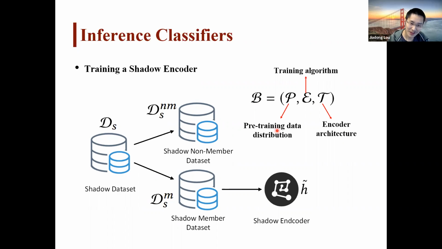When I read this part of the paper, I was quite looking forward to whether they would have some unique designs, since with this combination there are 8 combinations in these three dimensions, whether they would design 8 kinds of algorithms to train the shadow encoders. But actually they do not do this.